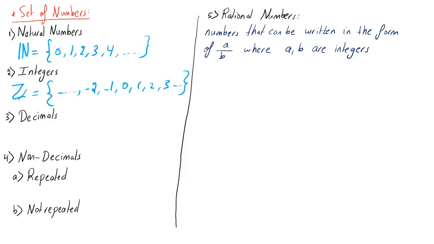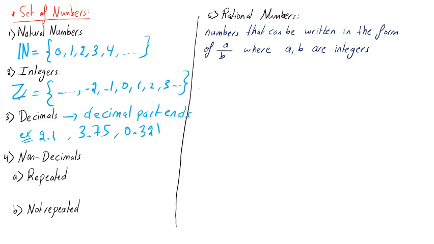Decimals. What do we mean by decimals? Decimals are numbers where the decimal part ends. Example: 2.1, 3.75, 0.321.